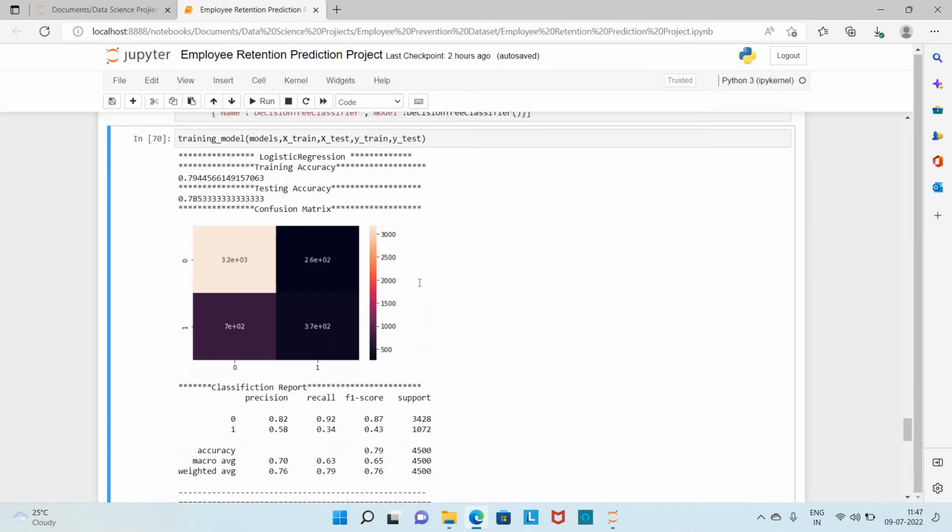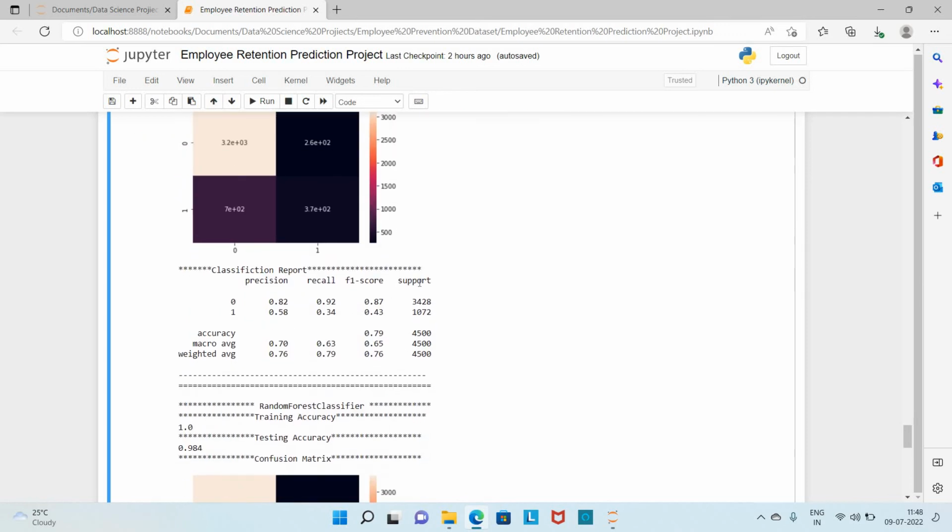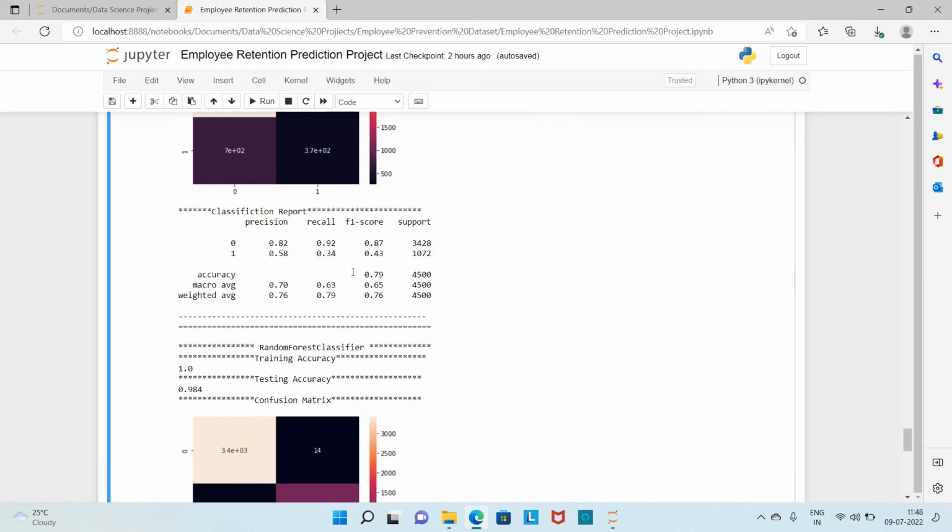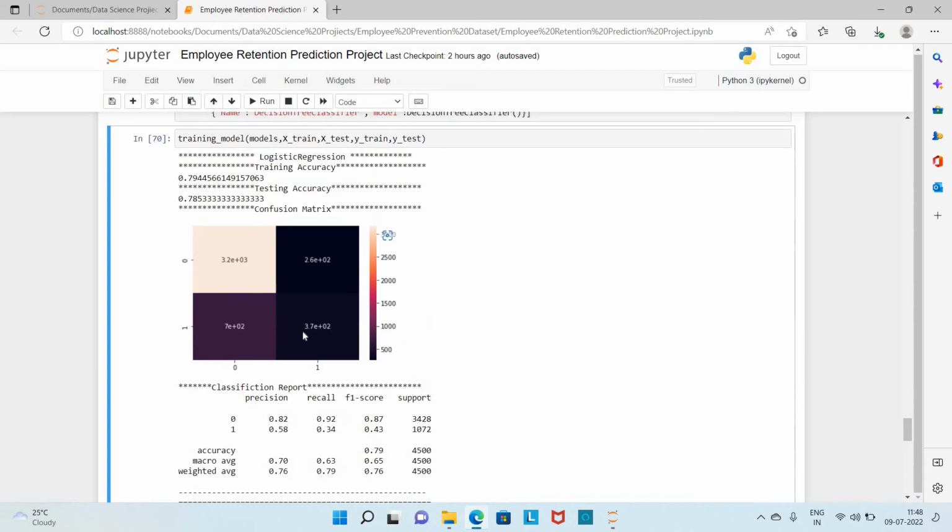And likewise, what is recall? Recall means how much of the real positives is predicted correctly. Here the prediction is 0, but it is actually 1.